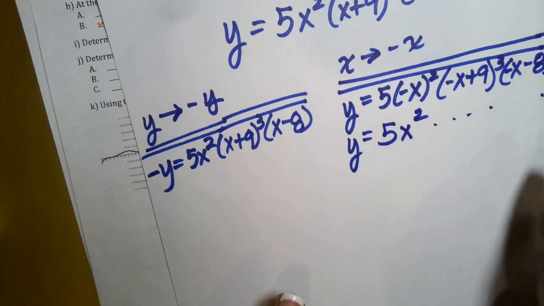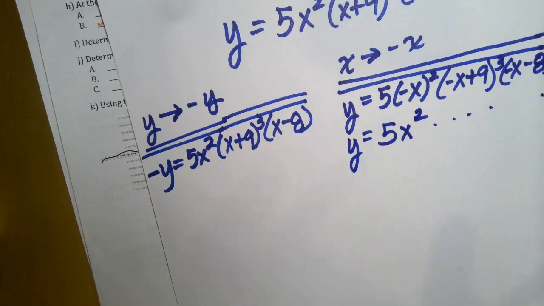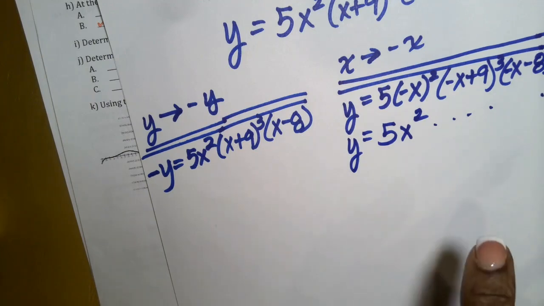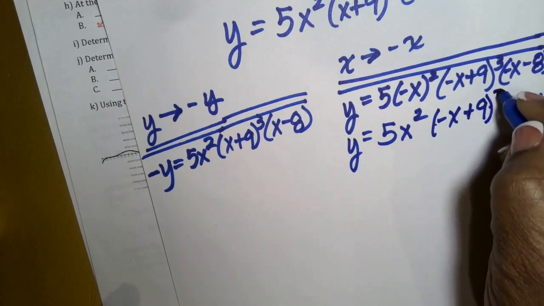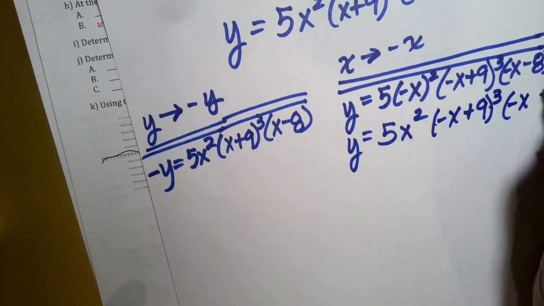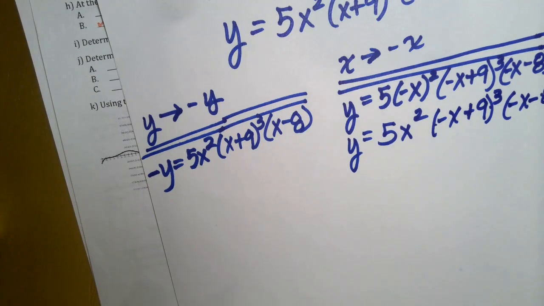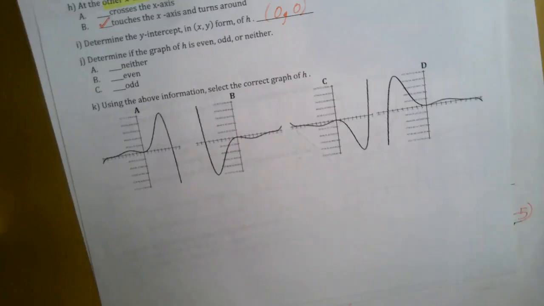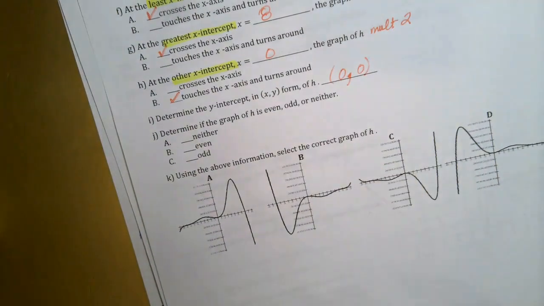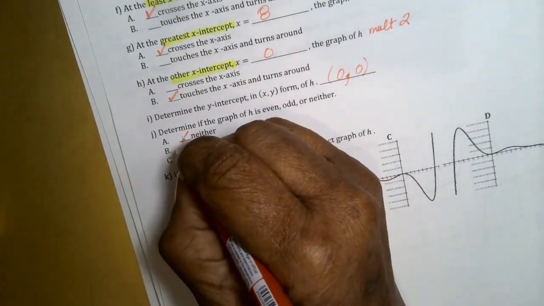So this is not going to take me back to my original equation. This negative that I inserted is going to remain. And the same with the other one. So this function is neither odd nor even. So when we answer the question for part J, we choose neither.